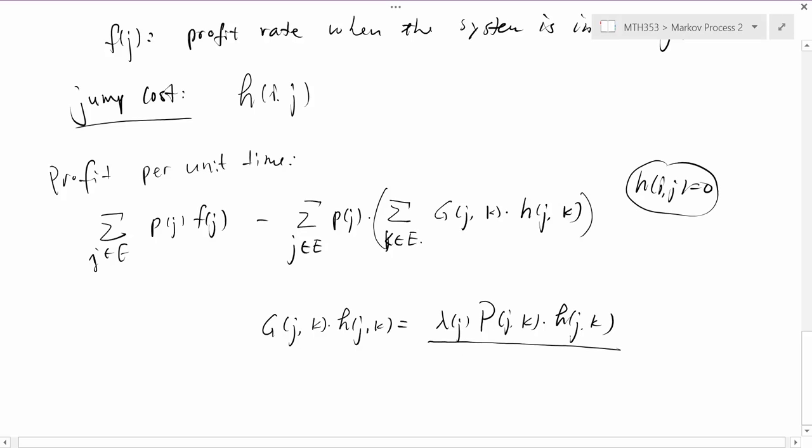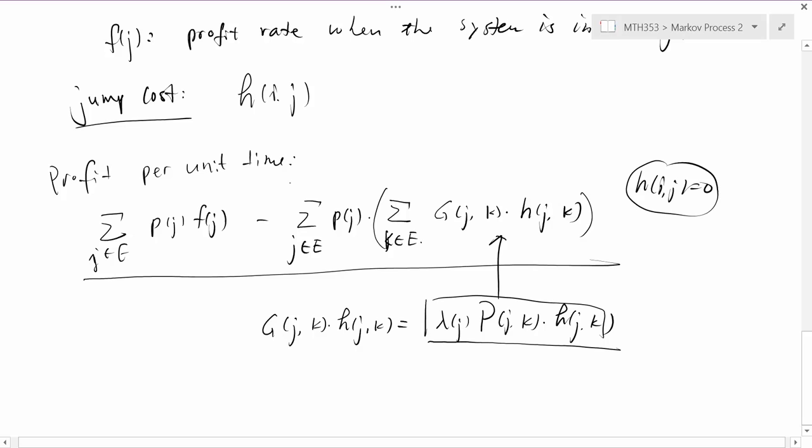The jump cost is hjk, pjk gives us the probability the system jumps from j to k, and lambda j gives us the rate at which the system leaves j. So this is the part that we have inside this sum. If we calculate this whole thing, then we have the profit per unit time considering the jump cost.